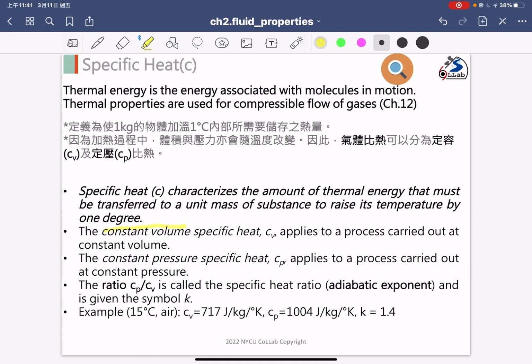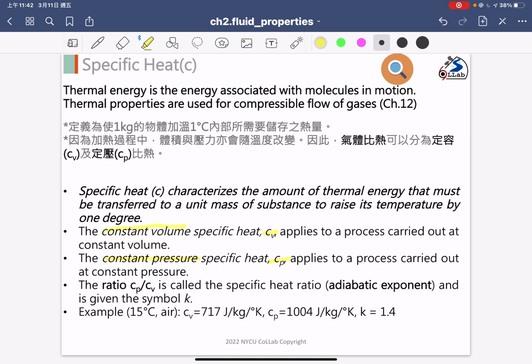And in the second, we fix the pressure. So under constant pressure, we have another specific heat. So two specific heats: one we use CV, another we use CP. That depends on whether we measure the specific heat under different conditions.